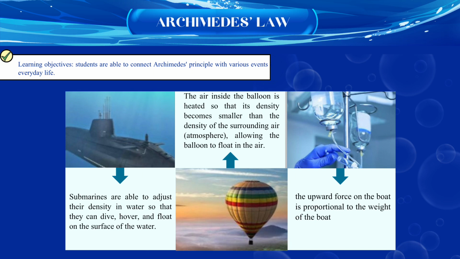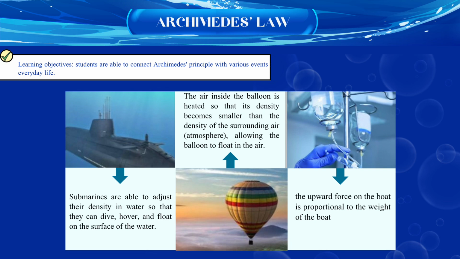First is submarines. Submarines are probably the most iconic application of Archimedes' law. A submarine has ballast tanks that can be filled with seawater or emptied and filled with air. When the tanks are flooded with water, the submarine's overall density increases, allowing it to dive.